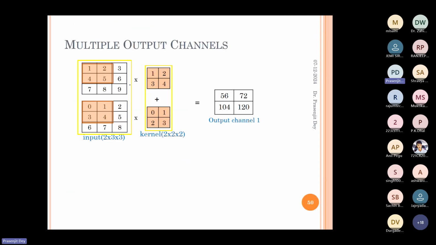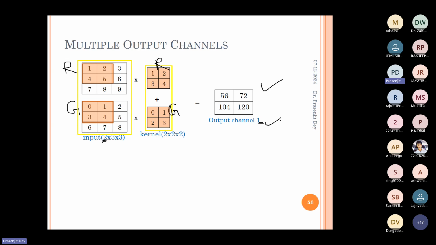So now this is my red channel input. This is the red channel kernel. This is the green channel input. This is the green channel kernel. And this is the output. So even if the input channel is 2, the output channel is 1.